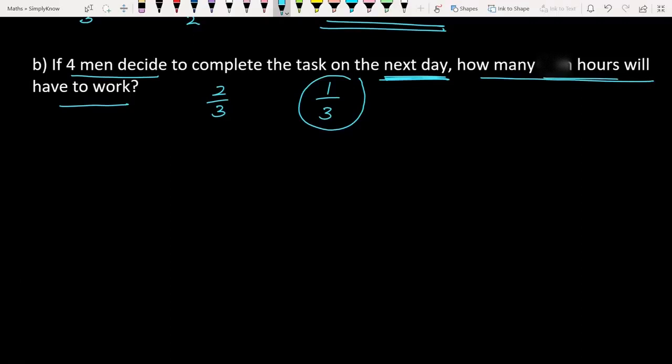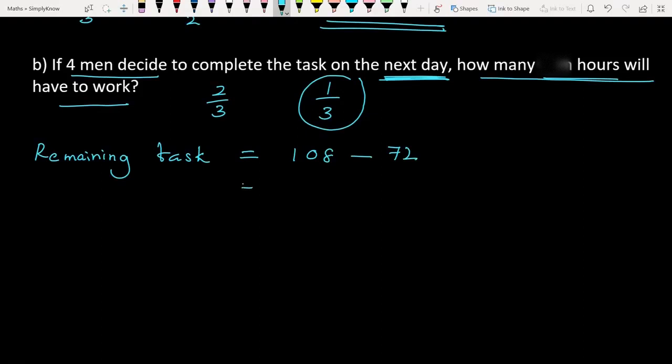Now, first of all, we need to find the remaining task. We know the full task is 108 man hours. We found it in the earlier question. And they completed 72 man hours.